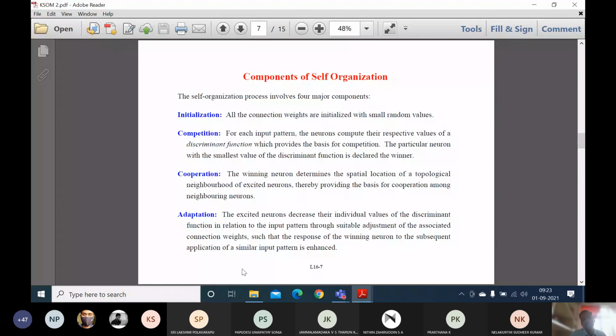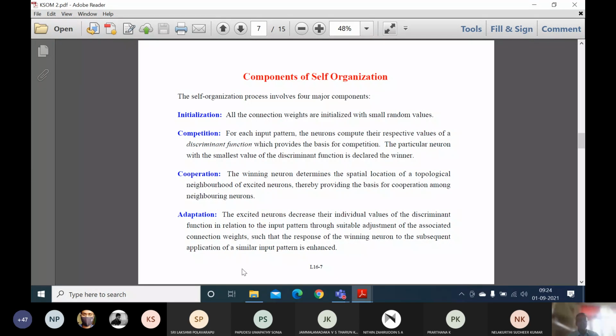The second component is competition, the third is cooperation after the competition, and the final one is adaptation, which decides whether they belong to the same category or feature set or a different one. So the first is initialization, the second is competition, the third is cooperation, and the fourth is adaptation.